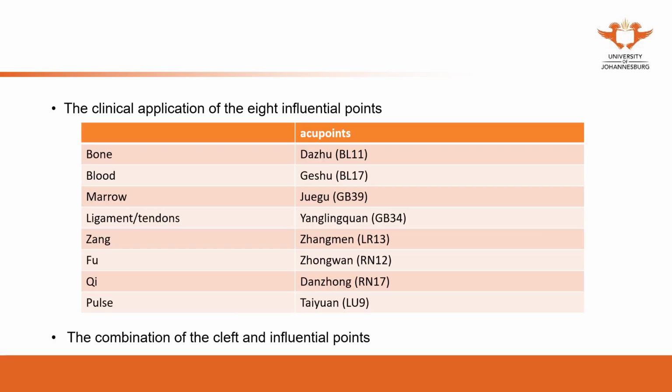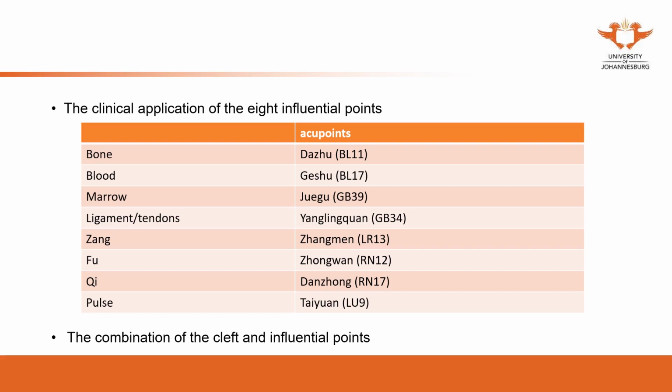The 8 influential points: blood gathers at Bladder 17, marrow gathers at GB 39. If you remember these different categories, once you see some diseases that are related to the blood, you can always choose Bladder 17.